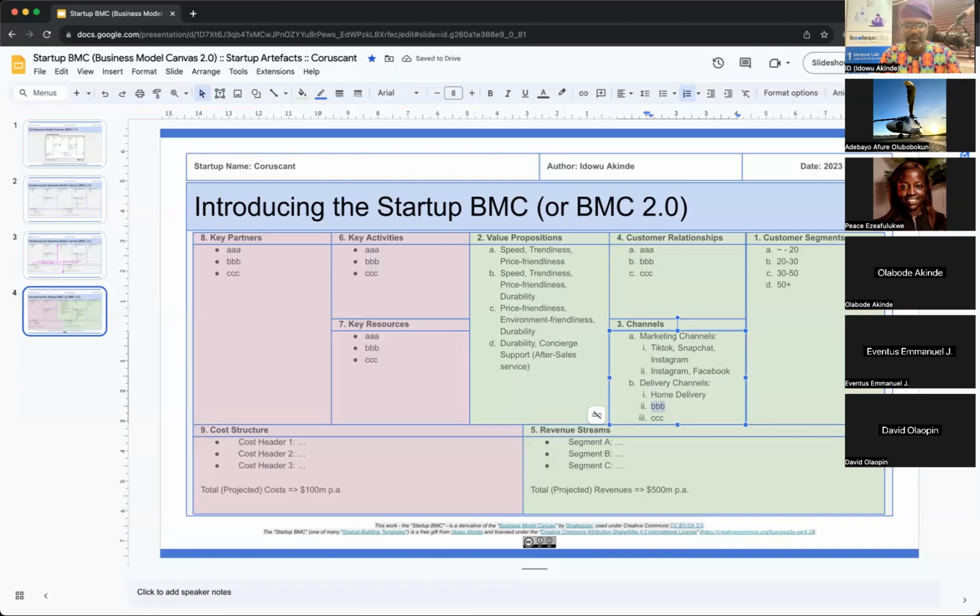The 20 to 30 will like home delivery as well. I know 30 to 50 would definitely like to go to a shop. They want to go there and touch the screen, see the TV themselves and then bring it home. They like walk-in experiences.